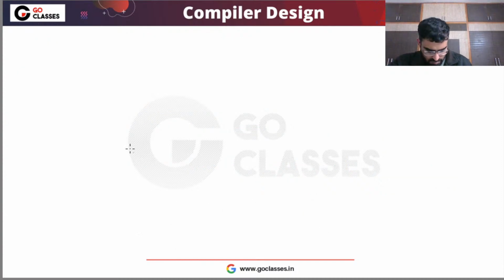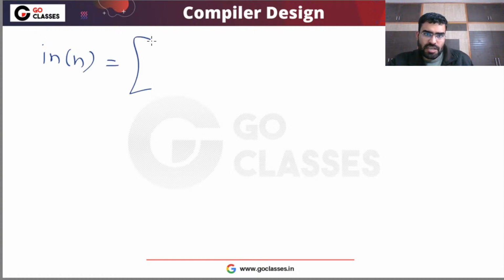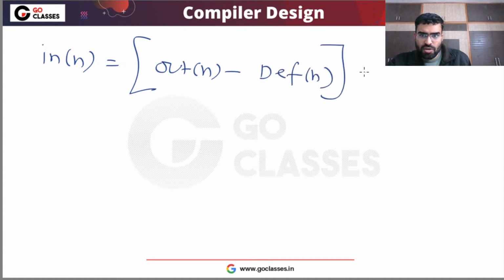Now you have these equations, and these equations are very important. So what is in of n? In of n is simply out of n minus what we are defining on n, union what variables you are using. This equation is very important.